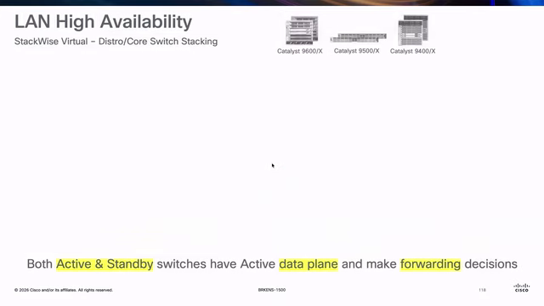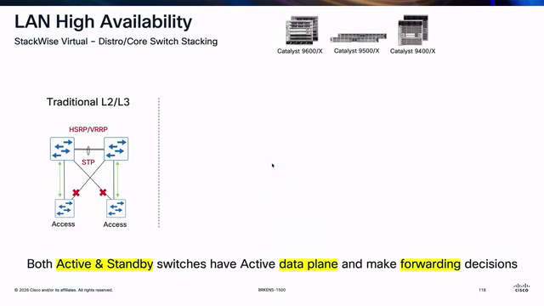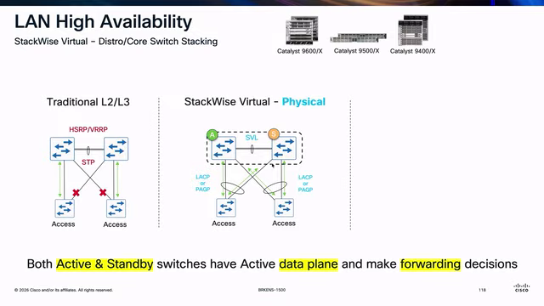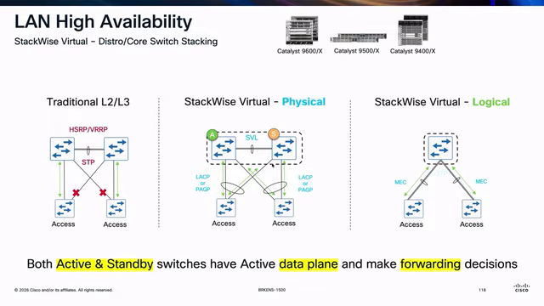So how it looks, if we break it down: traditionally, leveraging just a first hop redundancy protocol, we know it, we are blocking one of the uplinks, so we are inefficiently using very expensive uplinks. But if we pack it together, bundling links together in an EtherChannel, and additionally creating a StackWise Virtual pair, then from a logical perspective, spanning tree is not blocking anything because we are forwarding through both links.